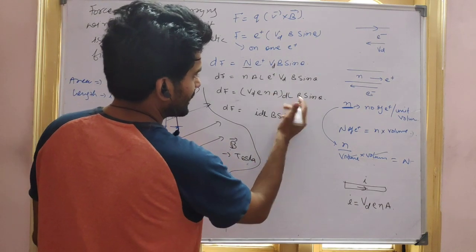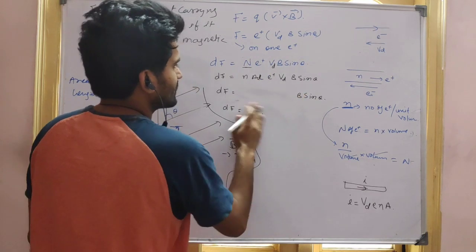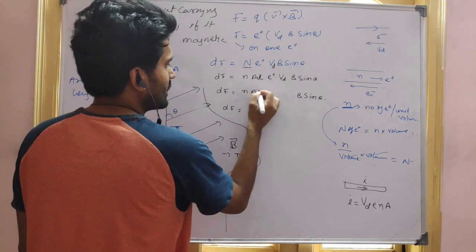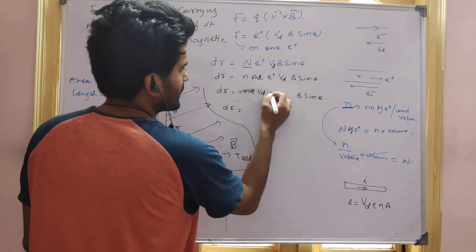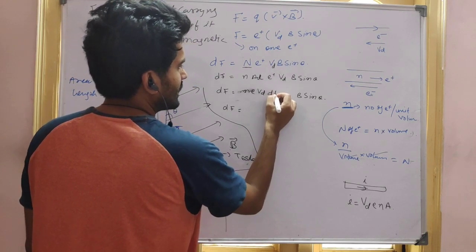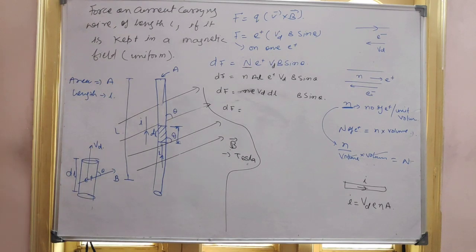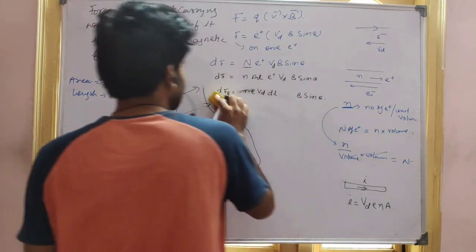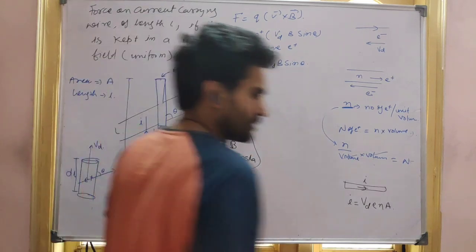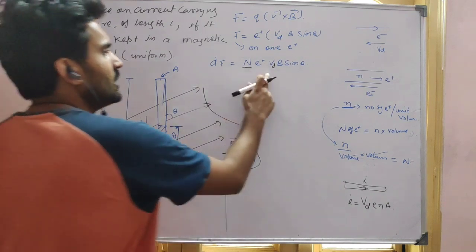So it will be dl. In place of L, we will take dl. So n A e V_d into dl, so it is n e V_d sin theta.